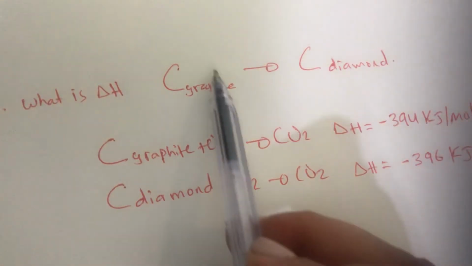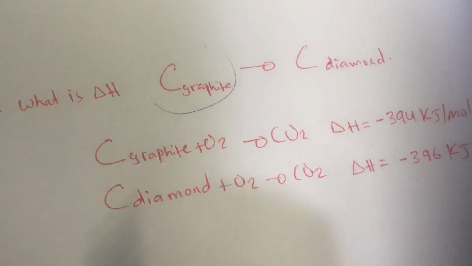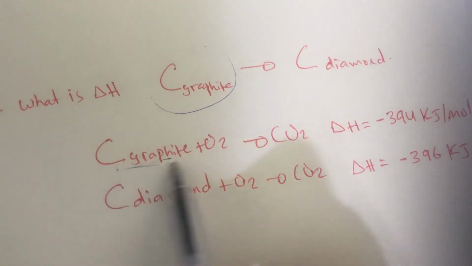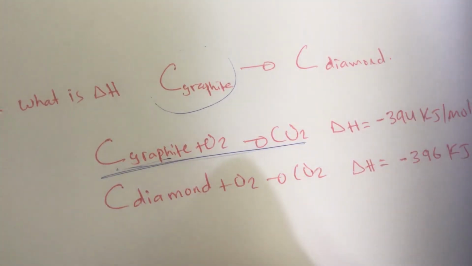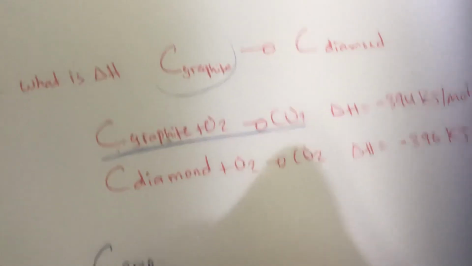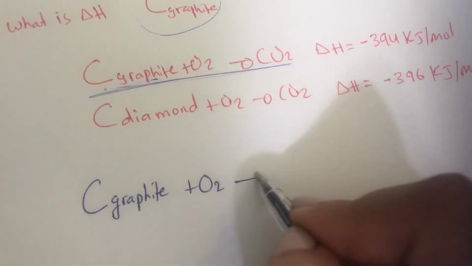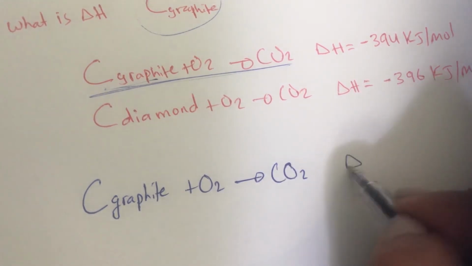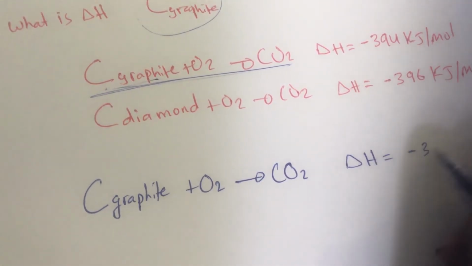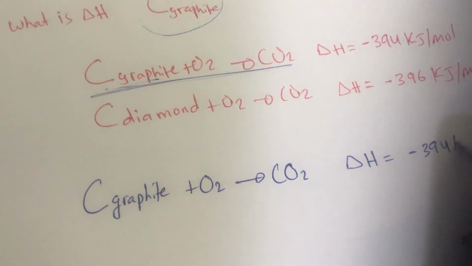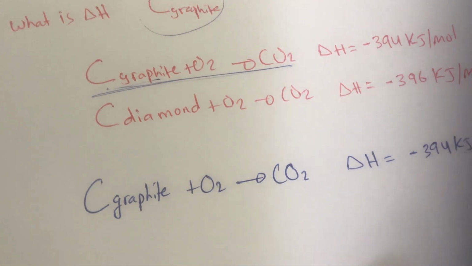So here C graphite is in the reactant. So here in the reactant, don't change this reaction. So delta H equal minus 394 kilojoule per mole.